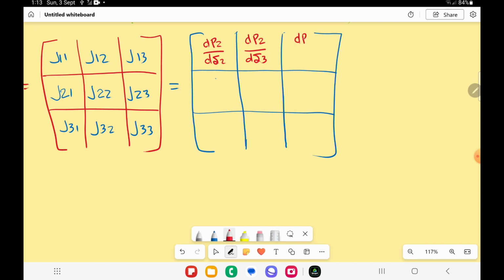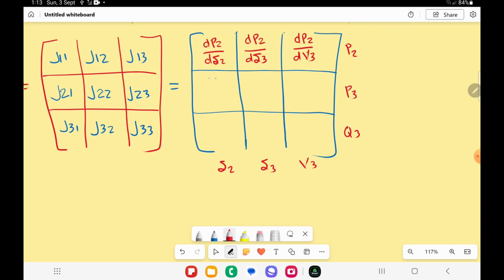For J13, partial derivative of P2 in terms of B3. So this is P2, P3, and Q3. So this is delta 2, delta 3, and B3.